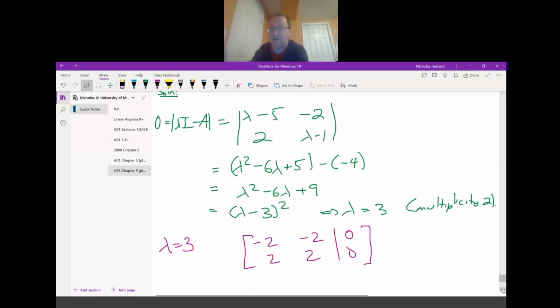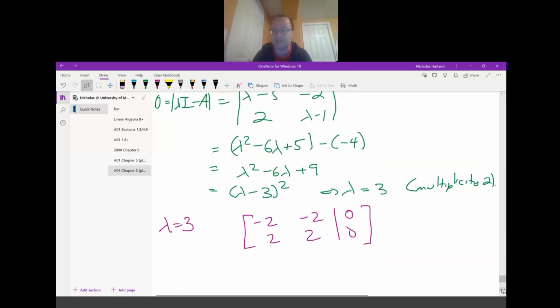If the question is just find the eigenvalues, no. If the question says find the eigenvalues with multiplicity, yes. It's going to be useful here because that multiplicity is going to be important in terms of what we're doing. So I always write it. That being said, as always, answer the question asked.